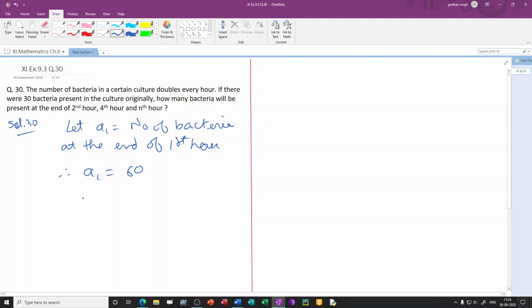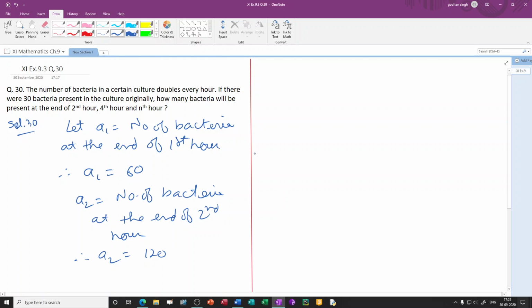Similarly, A2 is the number of bacteria at the end of the second hour, and A2 is double of 60, which is 120.